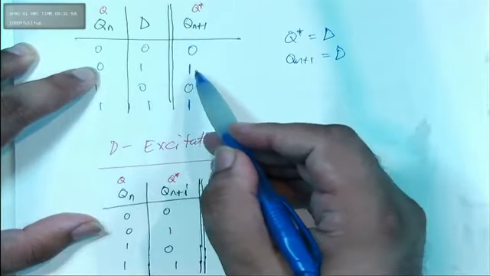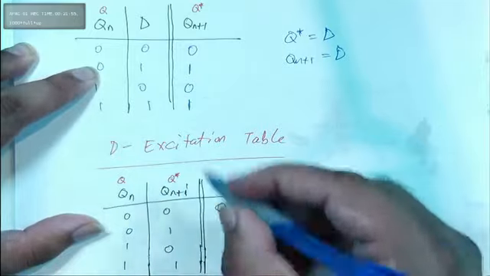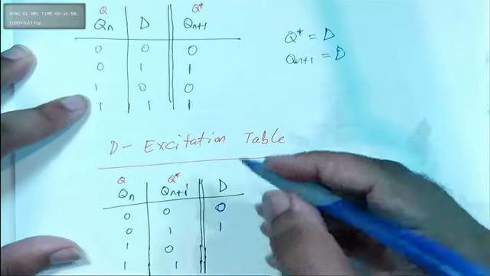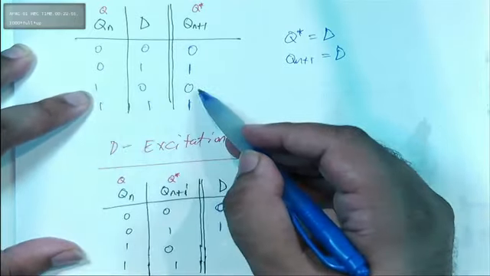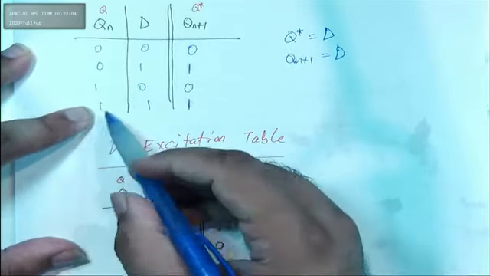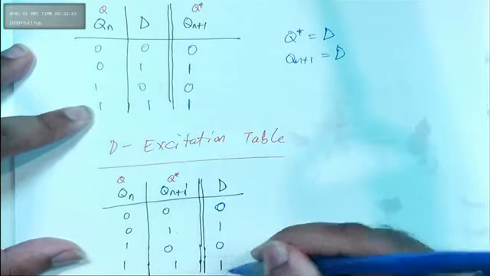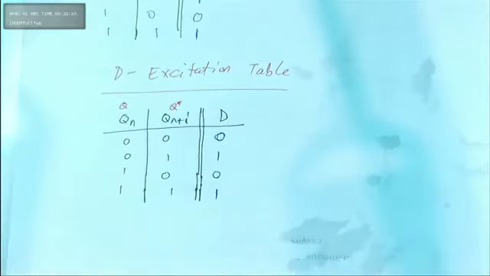If Q is 0, Q star is 1. 0, 1. D is 1. If Q is 1, Q star is 0. D is 0. If Q is 1, Q star is 1, D is 1. There we go. That's how we did it. Simple and straightforward, right? Okay, let's now move to the next round.